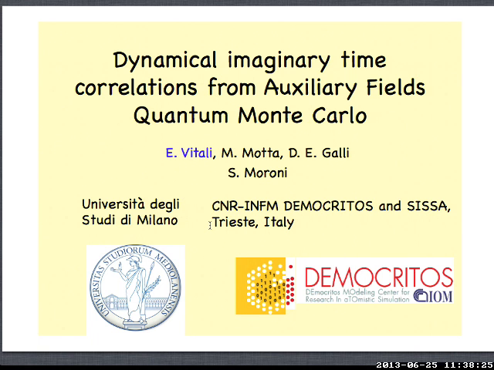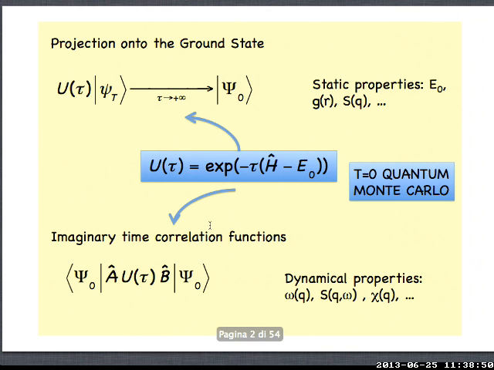Our idea has been to study quite deeply the approximations involved in such methodology by comparing its results with exactly solvable models, and to study the relationship between the exact solution and the auxiliary field solution.